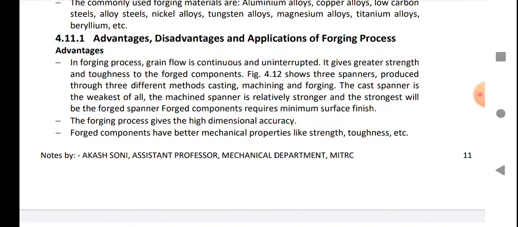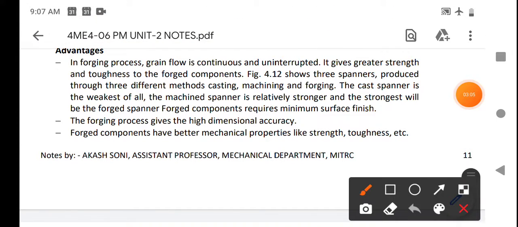Some advantages of the forging process. In the forging process, grain growth is continuous and uninterrupted. It gives greater strength and toughness to the forged component. As shown, three specimens are produced through three different methods: casting, machining and forging.